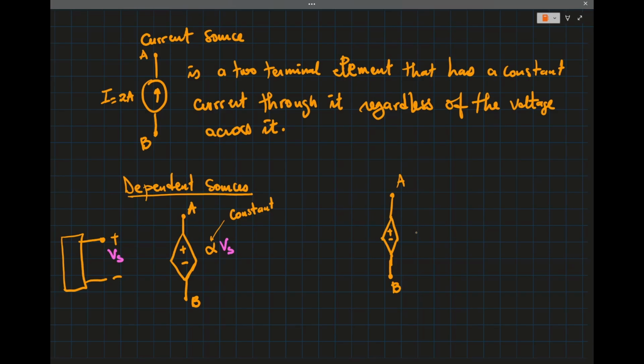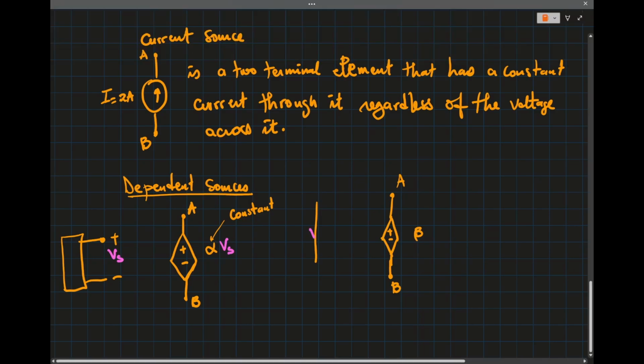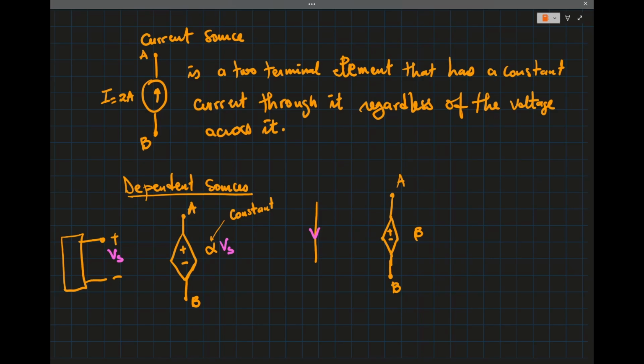Okay, so this will depend on a current. So that means we have a current somewhere in the network, and let's say this is IS. So then this voltage will be beta IS.